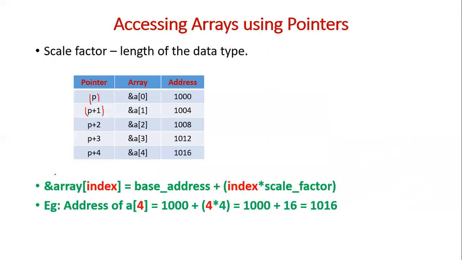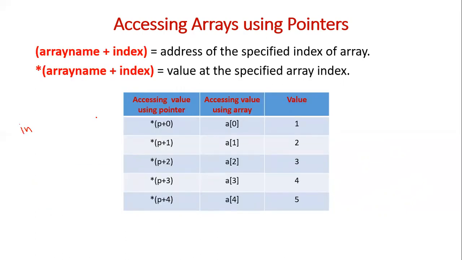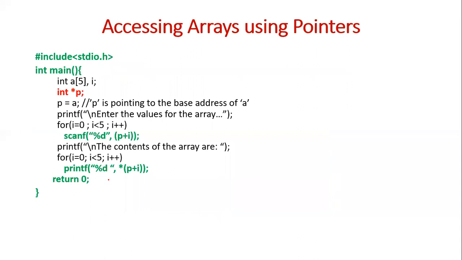Then if you want to access the address of any array element, you can use p plus i, where i represents the index of the particular array element whose address you want to access. If you want to access the value, then you have to use star of p plus i.